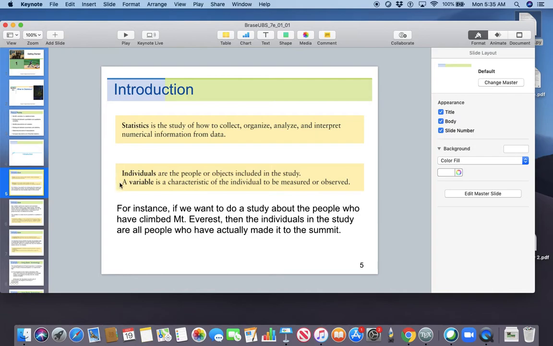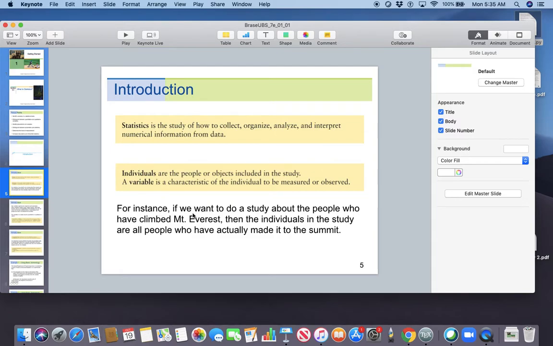Now, individuals are people or objects included in the study. A variable is the characteristic of the individual to be measured or observed. So I repeat, individuals are the people or objects included in the study. A variable is a characteristic of the individual to be measured or observed.